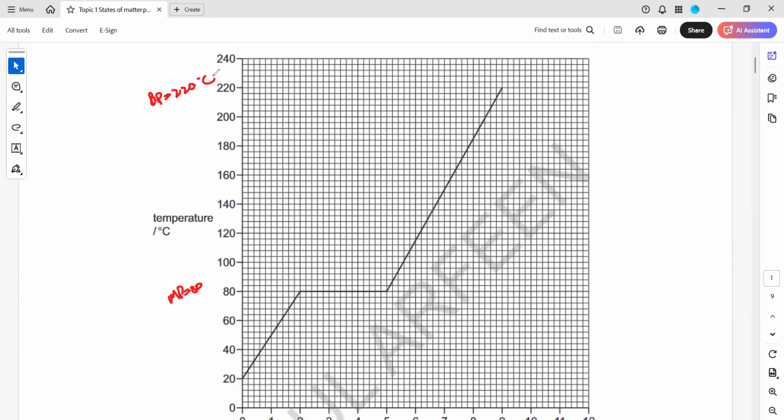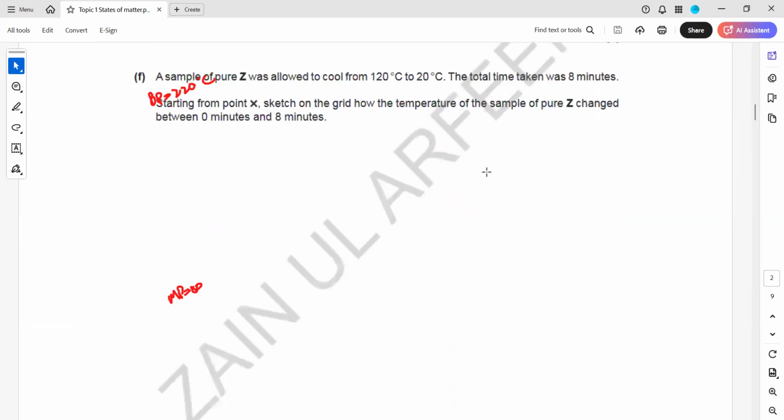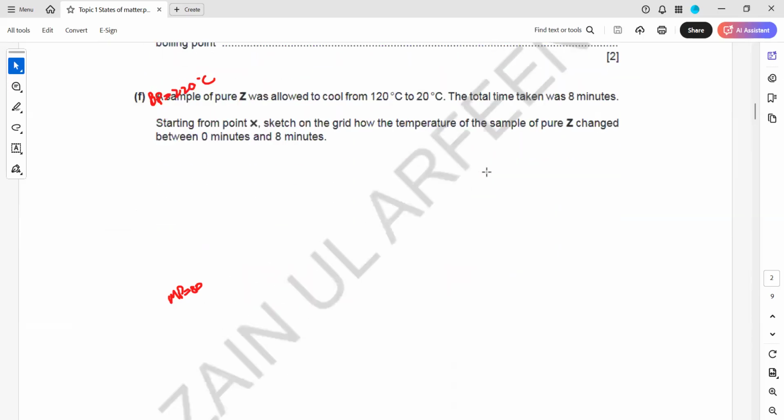Now we have to sketch a result like the graph from 120 to 20. So we want to sketch at 120 until it reaches 20 degrees. First, what will be the state of the substance at 120?